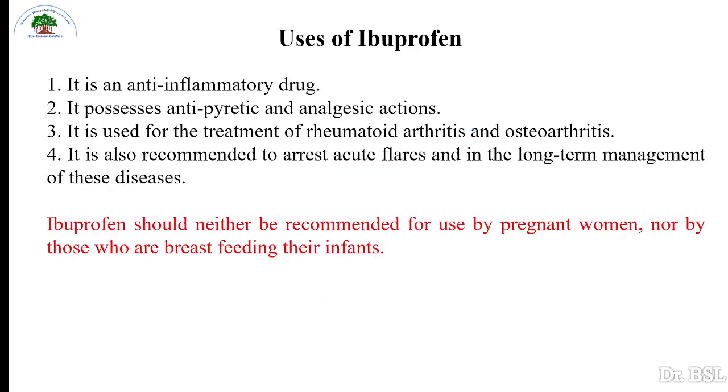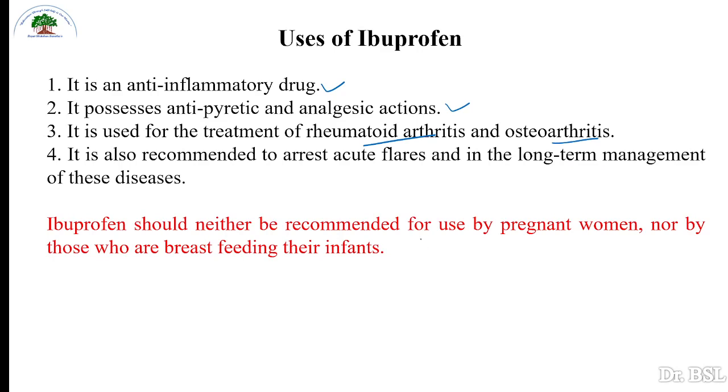Uses of ibuprofen: it is an anti-inflammatory drug. It possesses antipyretic and analgesic actions. It is used for treatment of rheumatoid arthritis and osteoarthritis. It is also recommended to arrest acute flares and in the long term management of these diseases.